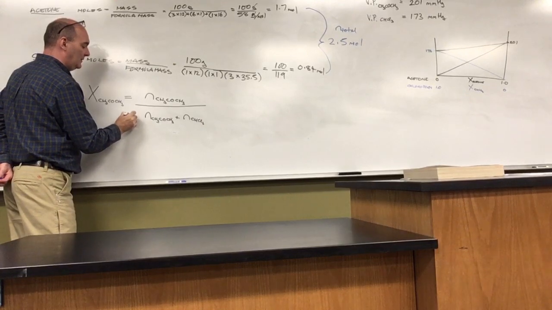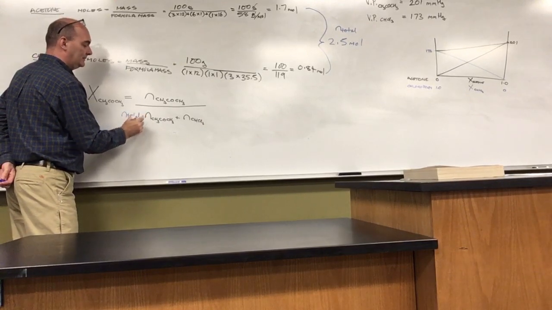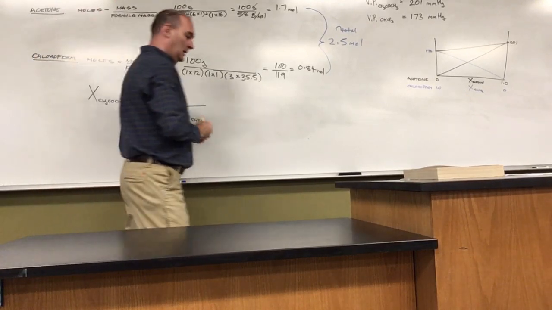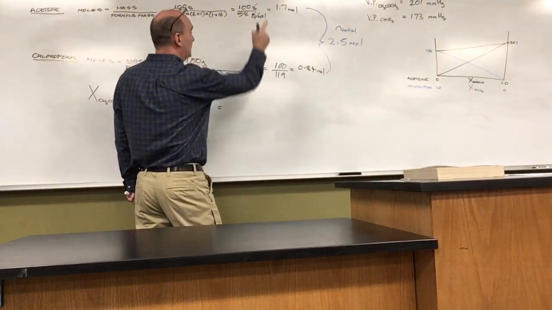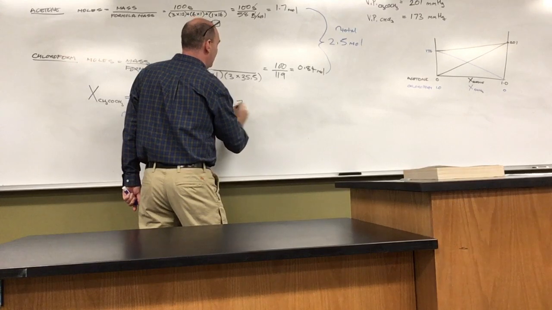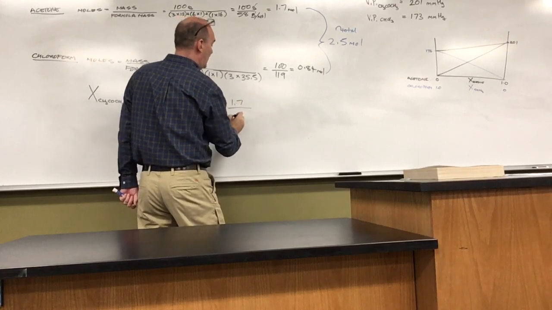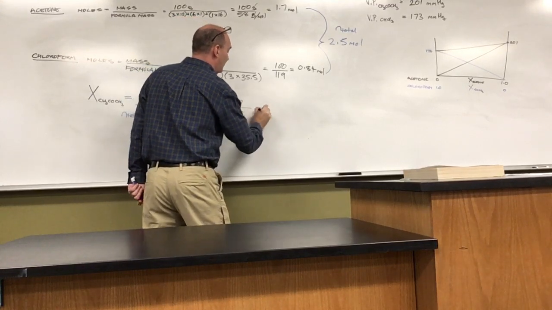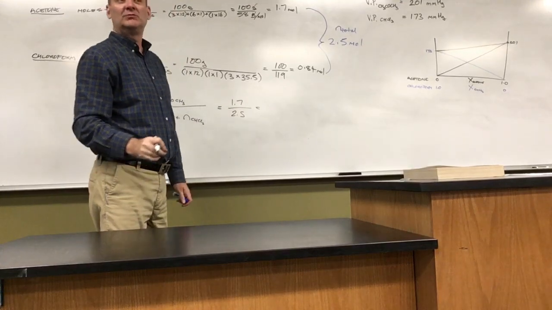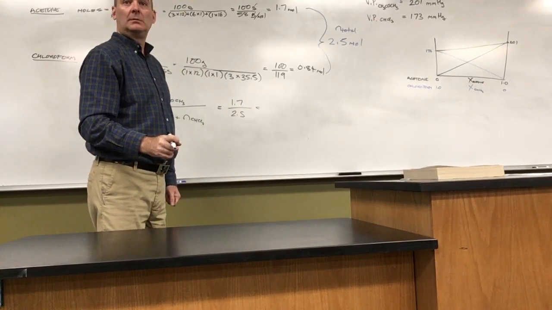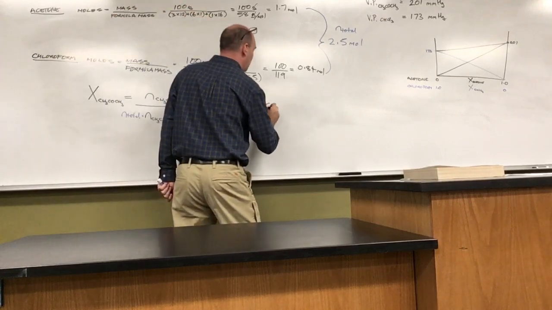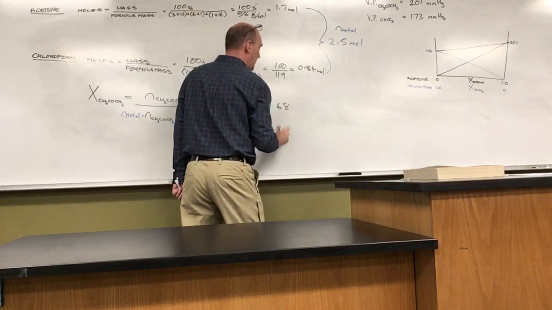This is N total right here. Okay? So that gives me 1.7 divided by 2.5, which equals, it's about 2/3, isn't it? 0.68. Okay.